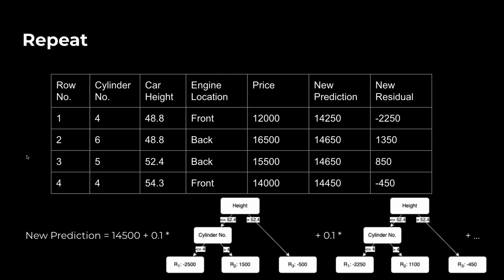But the bulk of the time spent for this is coming up with the decision trees. So you can optimize it by reducing the number of different ways you check for the optimal decision tree, as well as parallelizing the computation of these residuals.